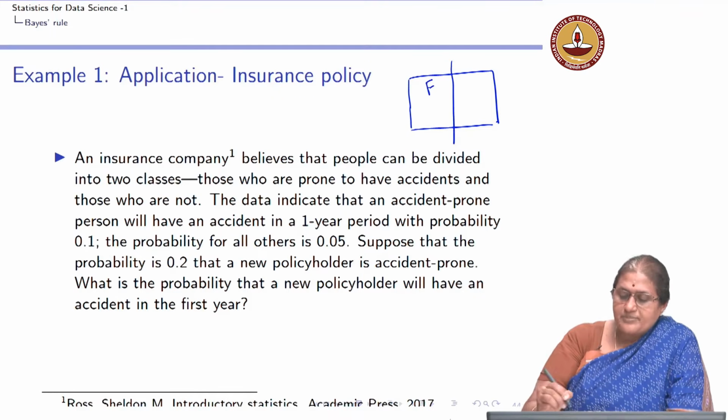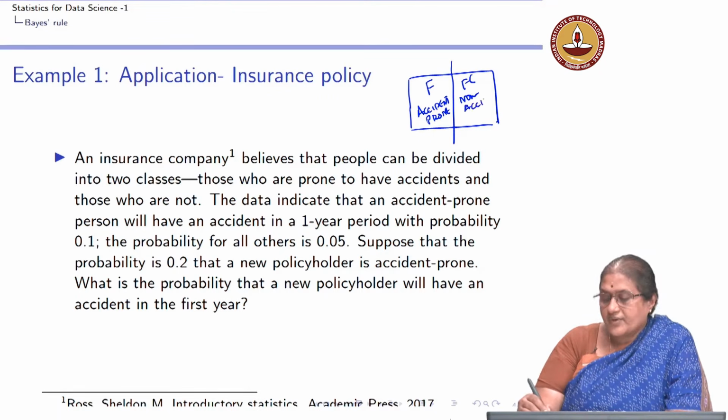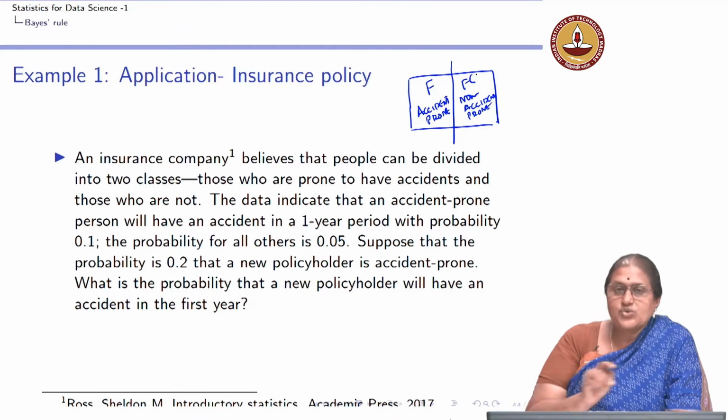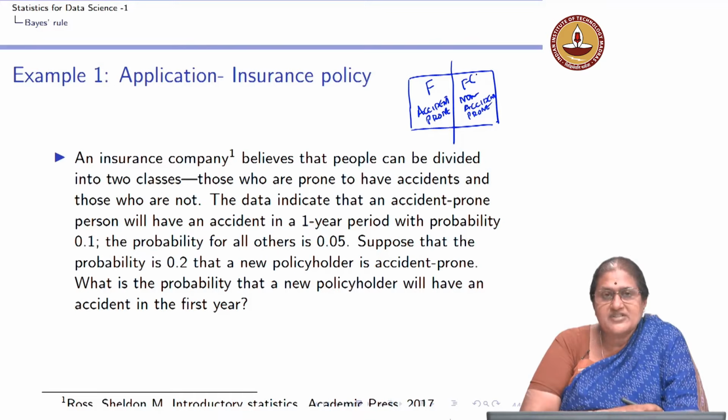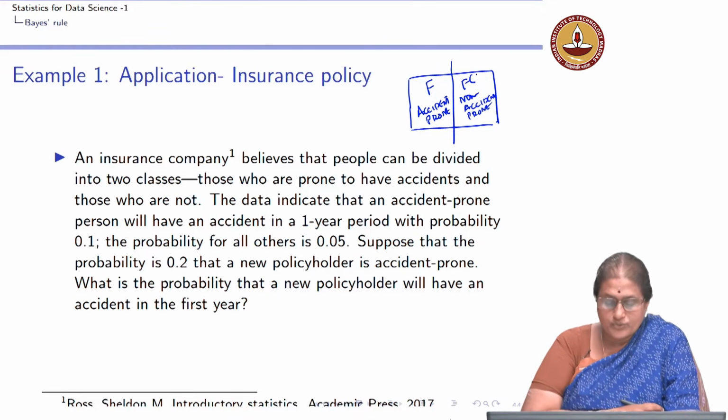One class, let me call it F, is the accident prone and the other one is the non-accident prone. And we know that these two are disjoint. So, I cannot have a person who is both accident prone and non-accident prone.